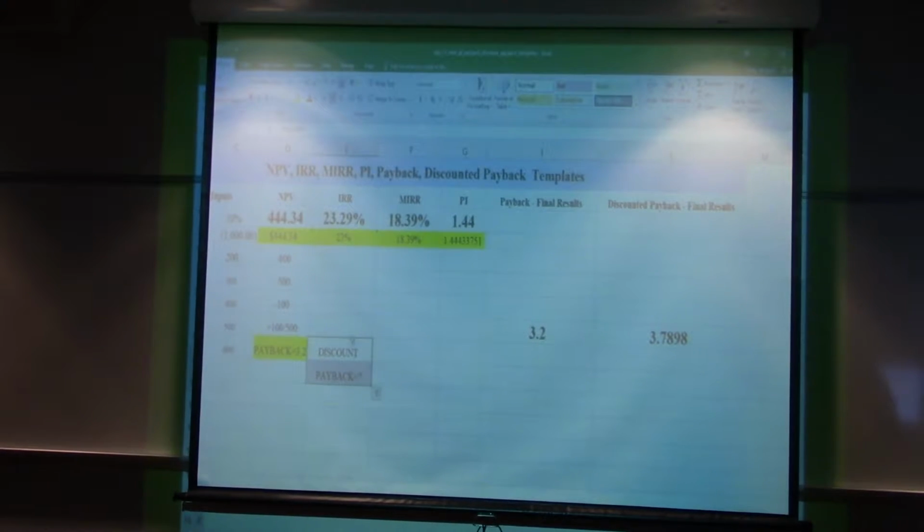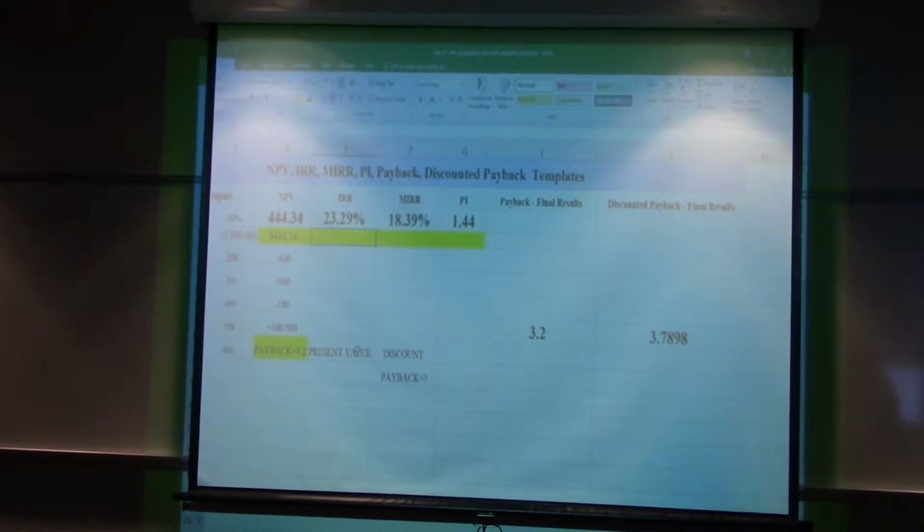So to get the discount payback, you need to get the present value of all the cash flows one by one. You got it? The payback and the discount payback? So for discount payback, you need to get the present value, so 3.79.